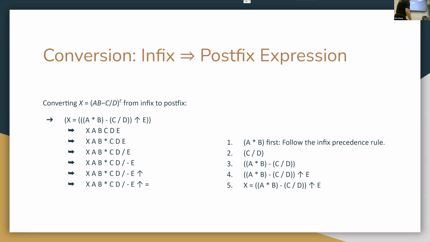if you look at this, you'll go through this expression, you'll find A times B, A, B, and operator. So you can do this first, and then this, and then the subtraction, and then the exponential, and at the end, the assignment.